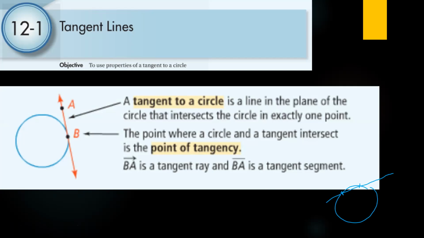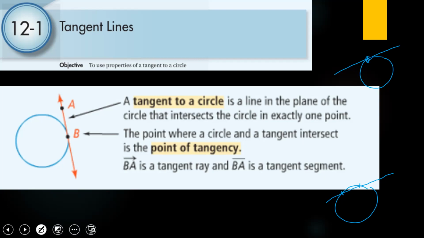A tangent line must intersect a circle at 1 point only, and it must be outside, close to the circle. This is a tangent line. And the point where the circle and the line touch, we call it the point of tangency.